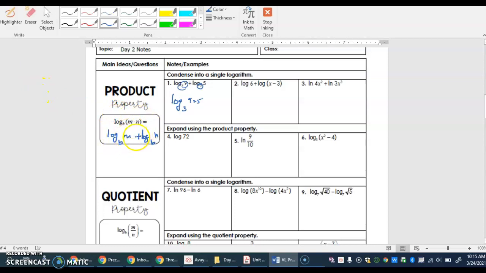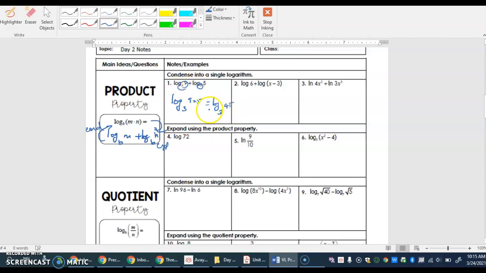So log m plus log n, that's what it means, with the same base b. You can go from here to here and from here to here. When you go from a product to an expanded sum, you say you're expanding it. And when you're going in the opposite direction, you're condensing it. This is condensing and this is expanding. So this is in effect log 45 to the base 3.